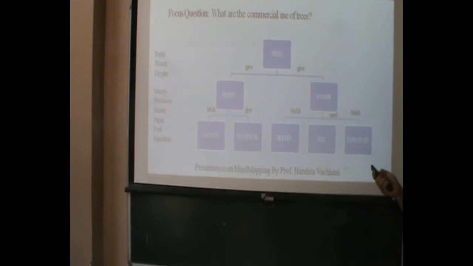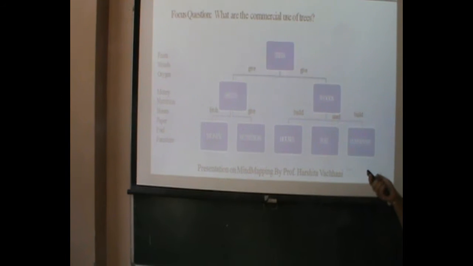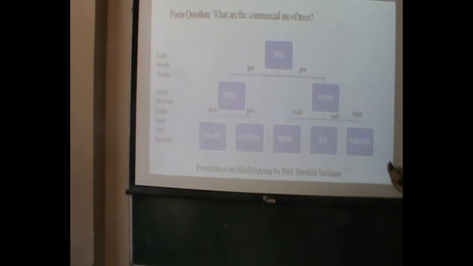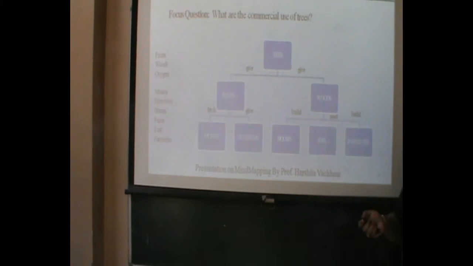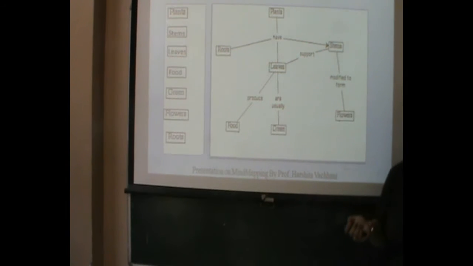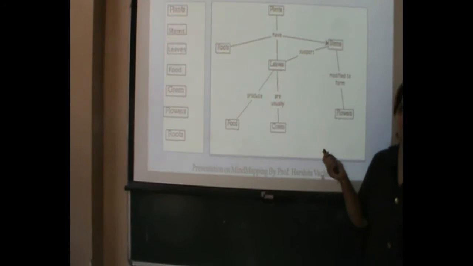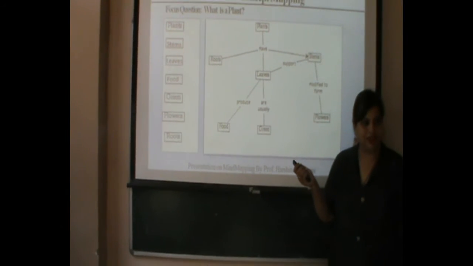Now fruits give nutrition and fruits fetch money. And trees give wood. Wood is used to build houses, wood is used to make fuel, and wood is used to build furniture. And this is one more example of concept mapping. Then what is a plant? We just try to draw this type of diagram for the plants.